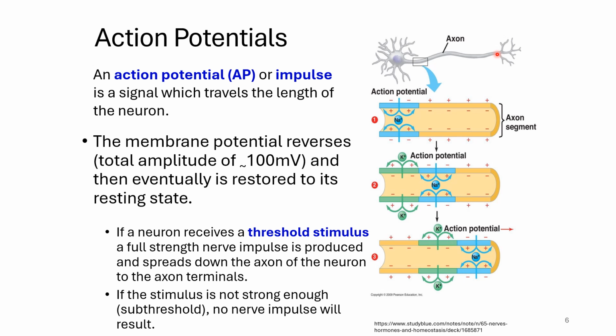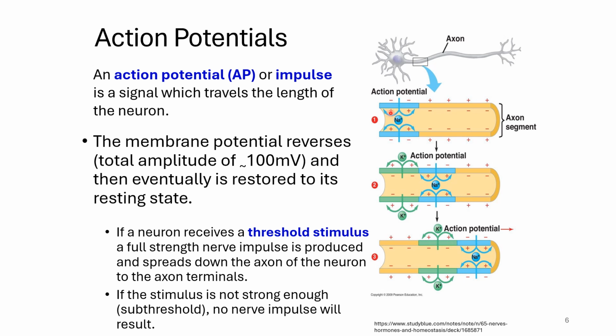So that's why it's really important, because we call it a nerve impulse, or the signal that the neuron is going to send. What's happening when you have an action potential is a massive reverse of the membrane potential.